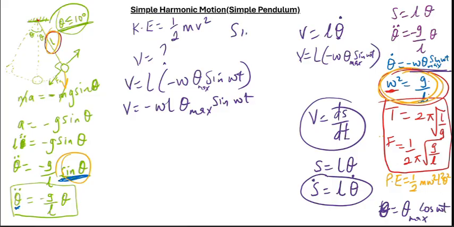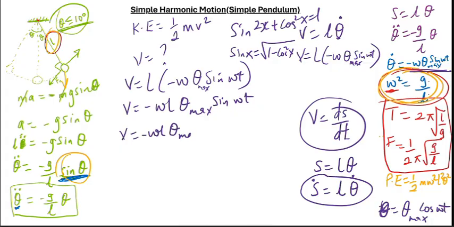Remember our trig function, sine squared x plus cos squared x equals 1. Then sine x should be equal to the square root of 1 minus cos squared x. Replacing it in this one, I can say V equals minus omega L theta max square root of 1 minus cos squared omega t.